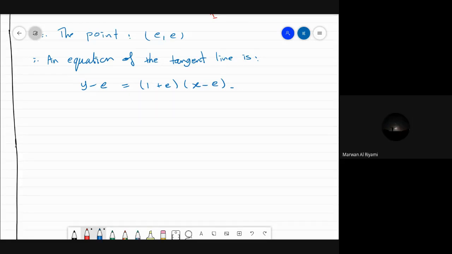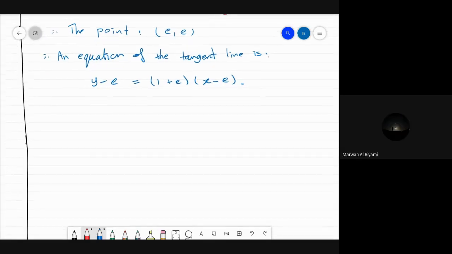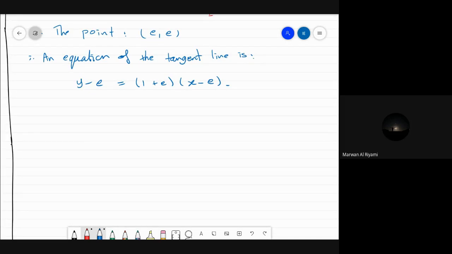Doctor, I have a question in 3.2. Yes, please. Question number 68 and 67, I just want to understand the idea of the question. Let me have a look at them. 3.2, which problem numbers? 67 and 68.